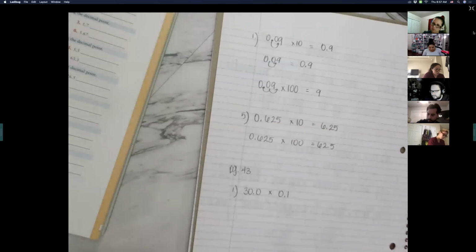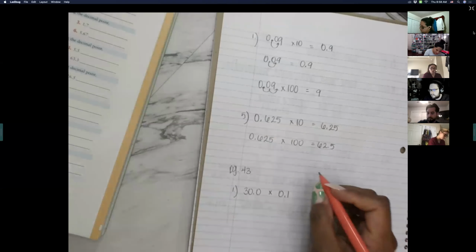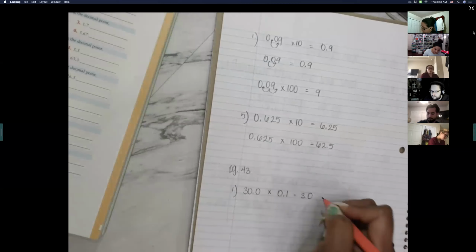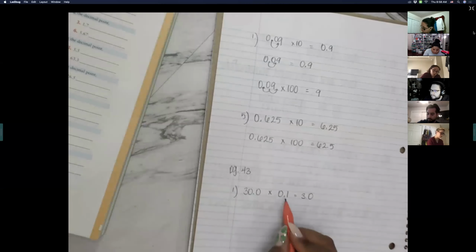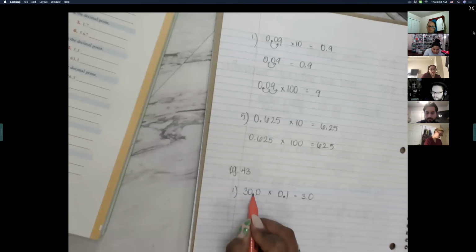So where's your 0 now? 3.0. Okay. So this, right? It's looking at these numbers the same from a different perspective. This is a decimal place. It's one decimal place being utilized to the right of the decimal. So we take our decimal and we can move it. This is where it gets crazy. We shift it to the left one place.